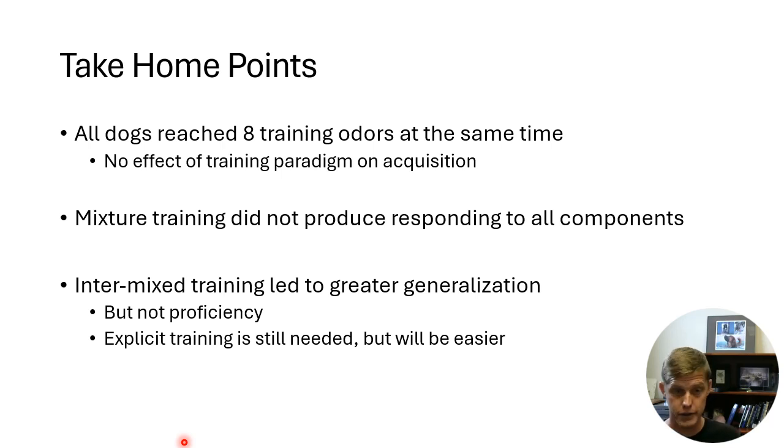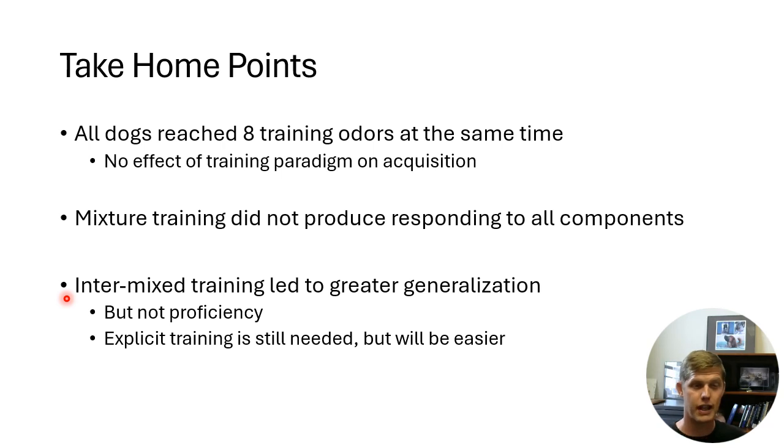With our smokeless powders, the dogs responded to 3 out of the 4 smokeless powders in the mixture, which was slightly better, but even then they didn't reach the final criterion any faster than the dogs in either the intermix or the sequential groups, so it didn't speed up training, and it also didn't produce better generalization.